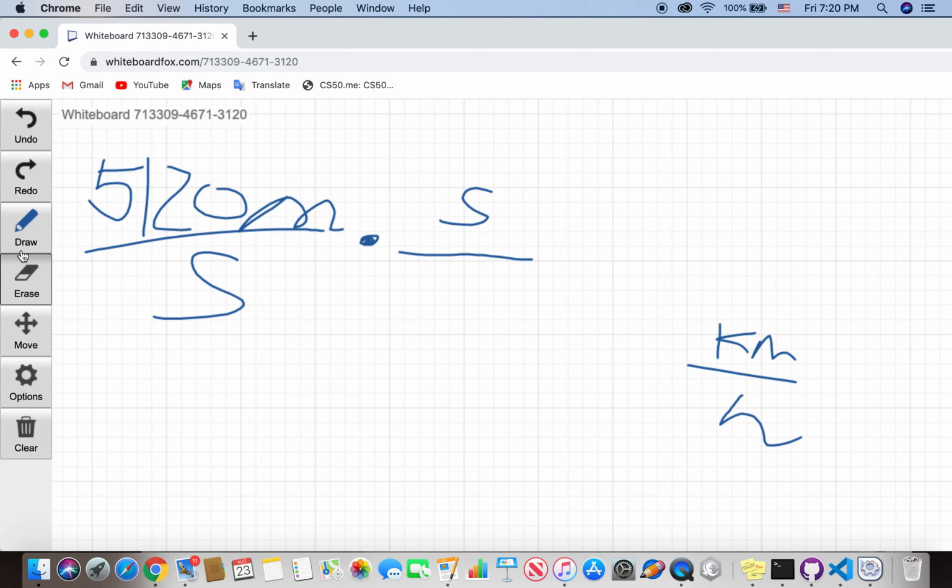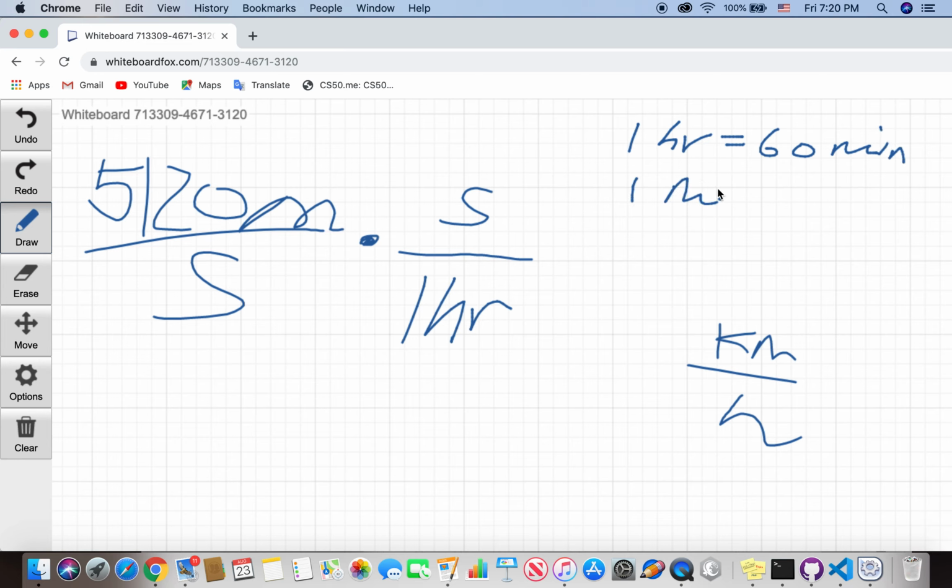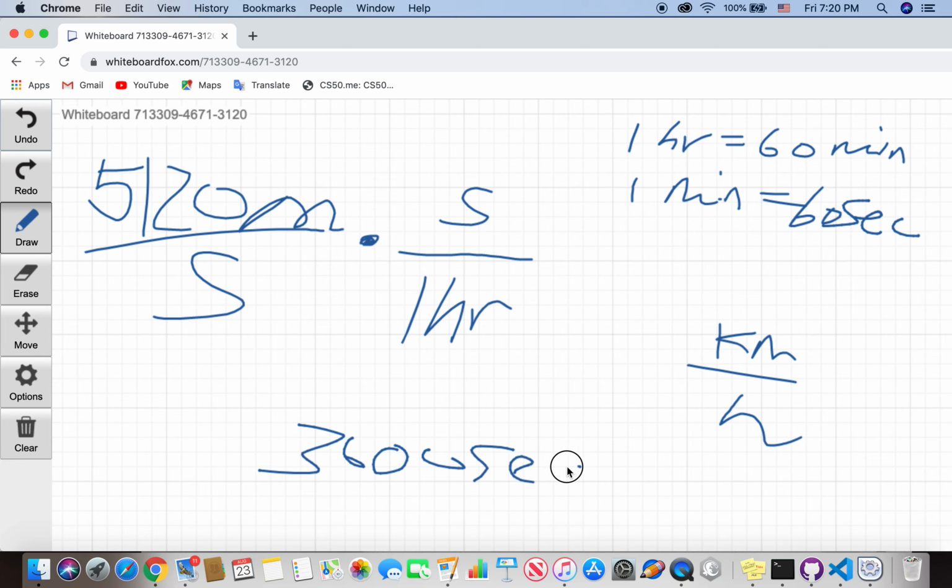How many seconds are in an hour? Well, we know 1 hour has 60 minutes, and each minute has 60 seconds. Oh, darn it, 60 seconds. So what we get is 3,600 seconds in an hour.